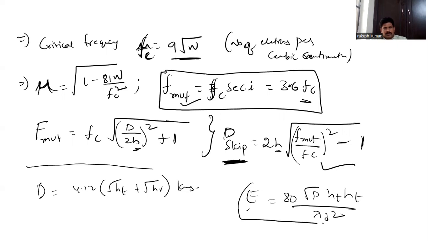These are the formulas you want to keep in mind while solving. You may get any problem using these formulas, so you should be able to solve all these problems using these formulas.